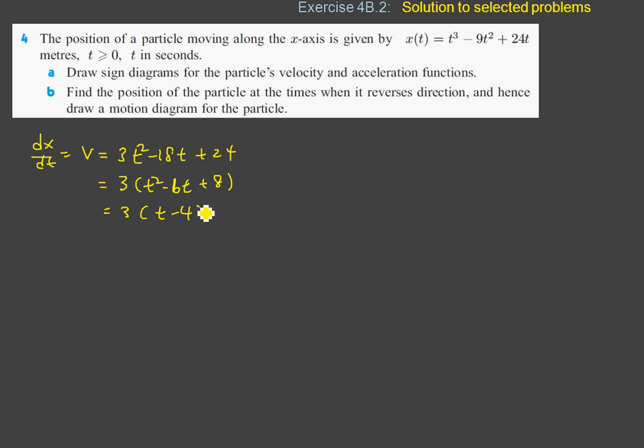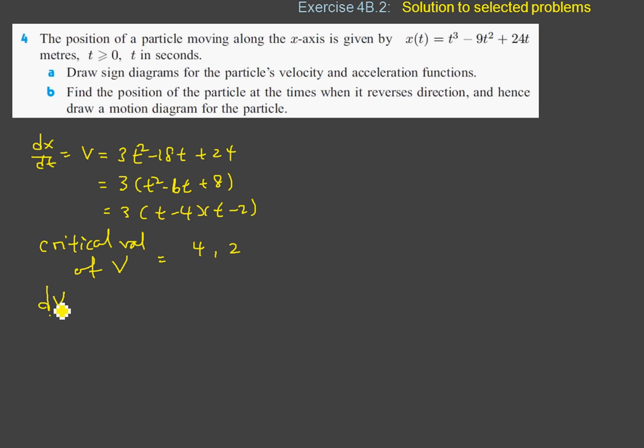This is 3(t - 4)(t - 2), and so the critical values of v are 4 and 2, because the two values 4 and 2 would cause this to be 0. So if you sub in t = 4, you get 0, and then t = 2. So that's how you identify the critical value.